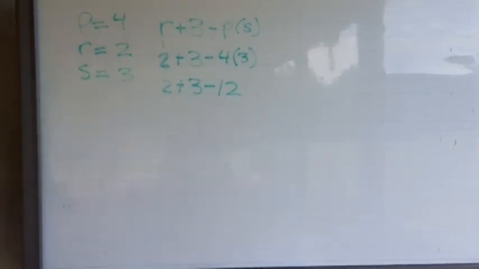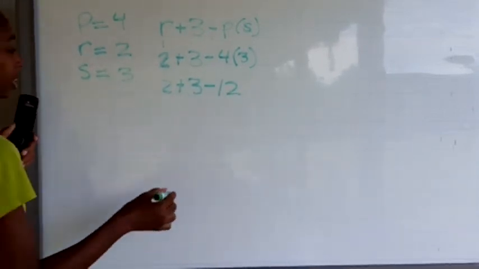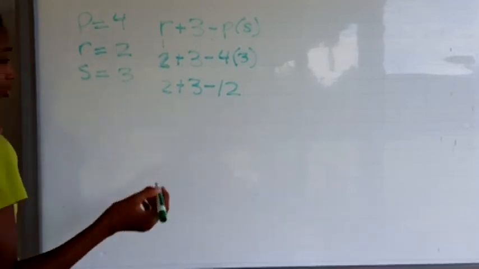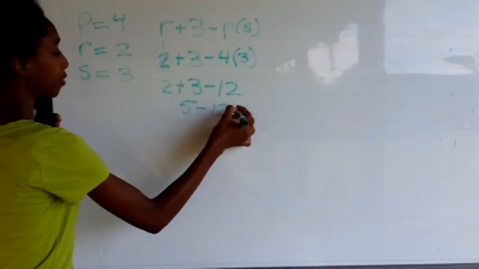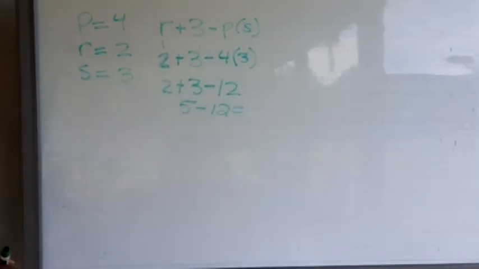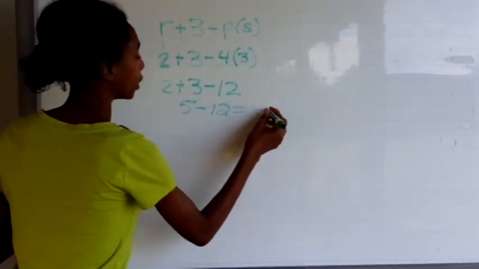So that's we can go with the 2 plus 3, which is 5, and then 5 minus 12 is what? Alright. Good job.